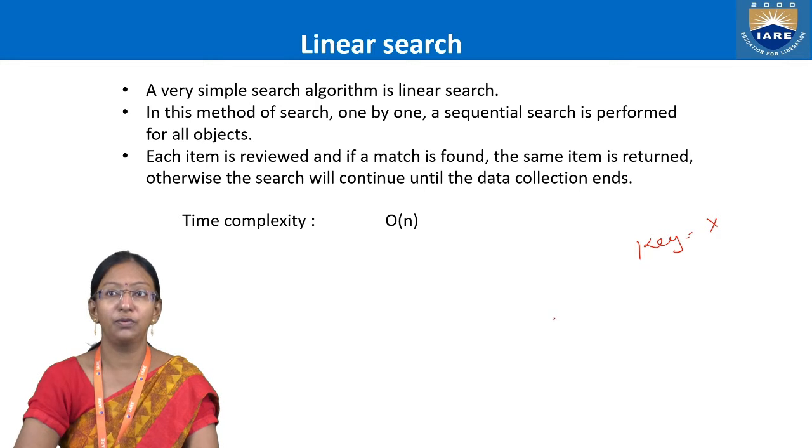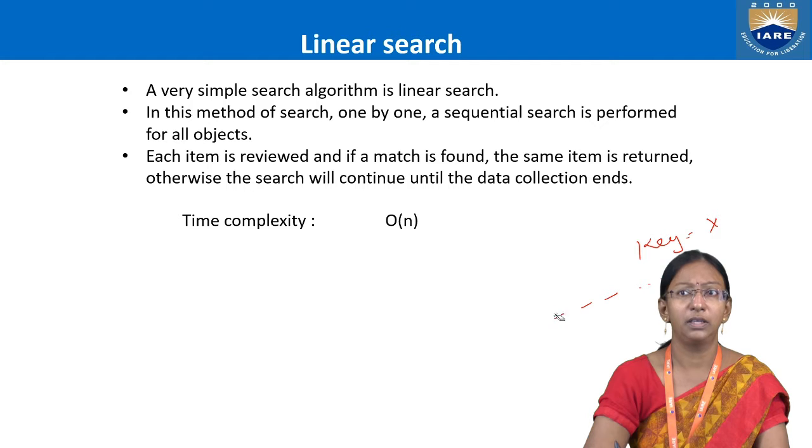Compare it with the first element. If they're not equal, compare it with the second element. If they're not equal, compare with the third element, and you do the same till the end of the whole list. That is your linear search.